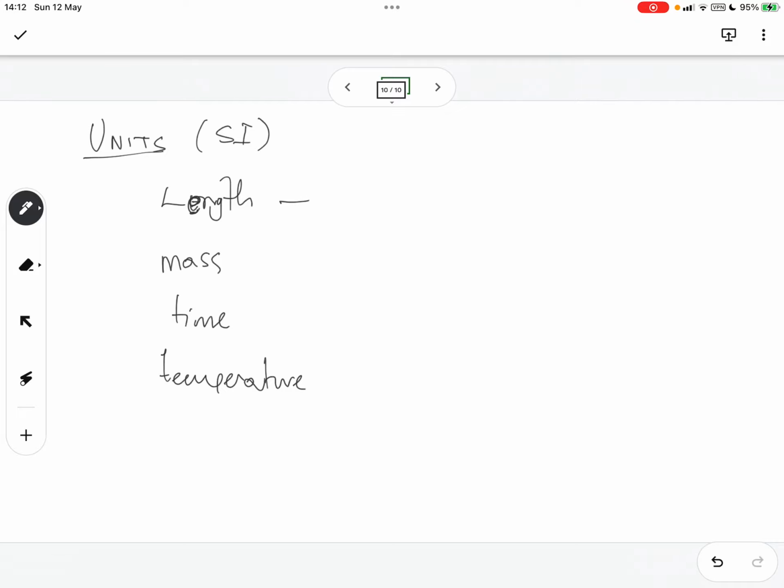So for length, what units do we use? Meter. And then for mass, kilograms. Mass versus weight. Why don't we use the word weight?